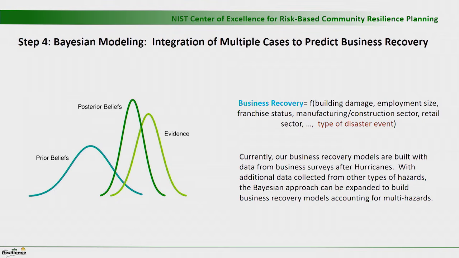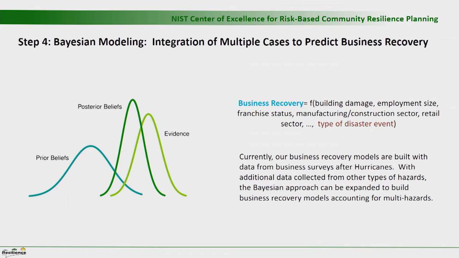Now, what the business recovery team has been able to do is, using our Hurricane Ike, Hurricane Matthew, now Hurricane Florence business recovery data, to build models that do get updated with this Bayesian approach, every time there is a new wave of a field study, every time there is a new wave of survey work.